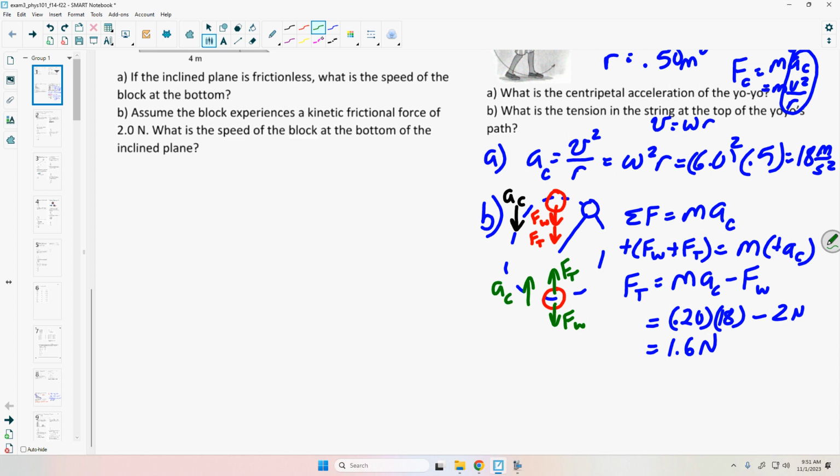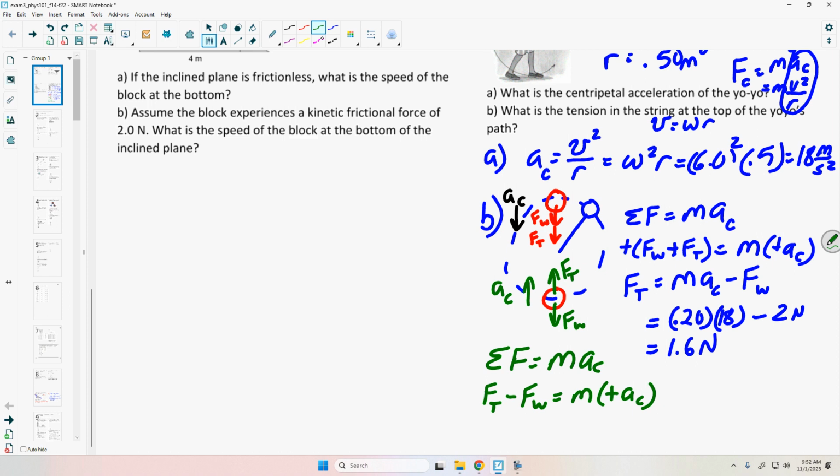So do the same thing. Sum of the forces equals mac. And that's going to be Ft minus Fw equals m times positive ac. My centripetal acceleration is positive in that case.